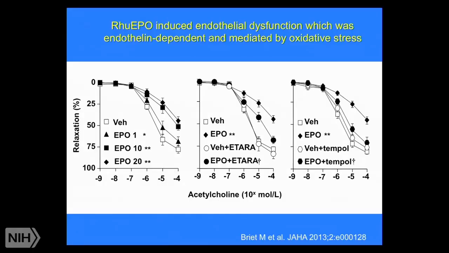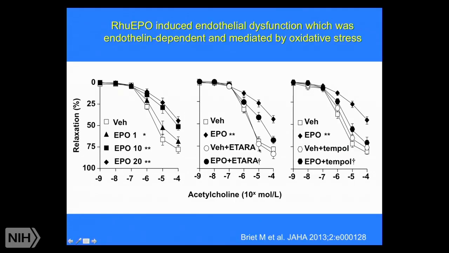One of the things that has been noted in chronic kidney disease is the fact that treatment with erythropoietin is associated with increased cardiovascular events, a rather surprising and unfortunate development. So we looked at the effects of erythropoietin on these small arteries and endothelial dependent relaxation using acetylcholine, and increasing doses of erythropoietin in fact impaired endothelial function.